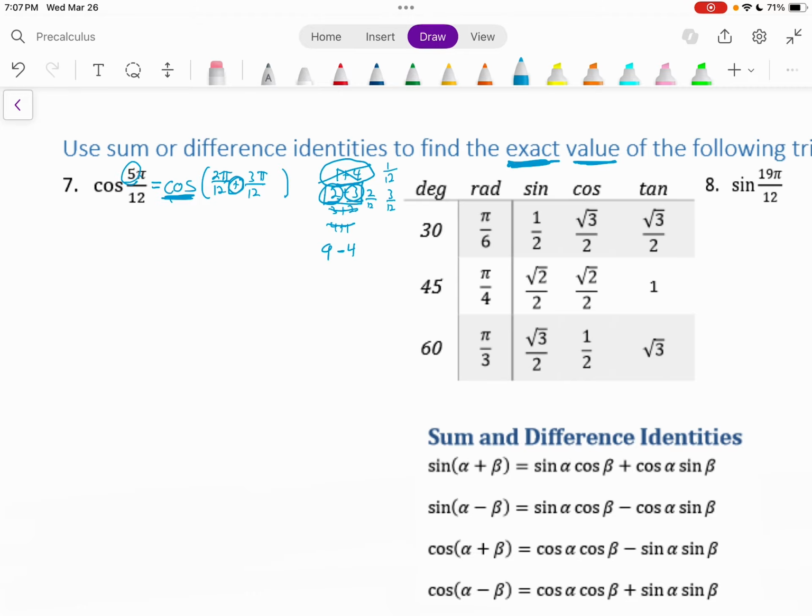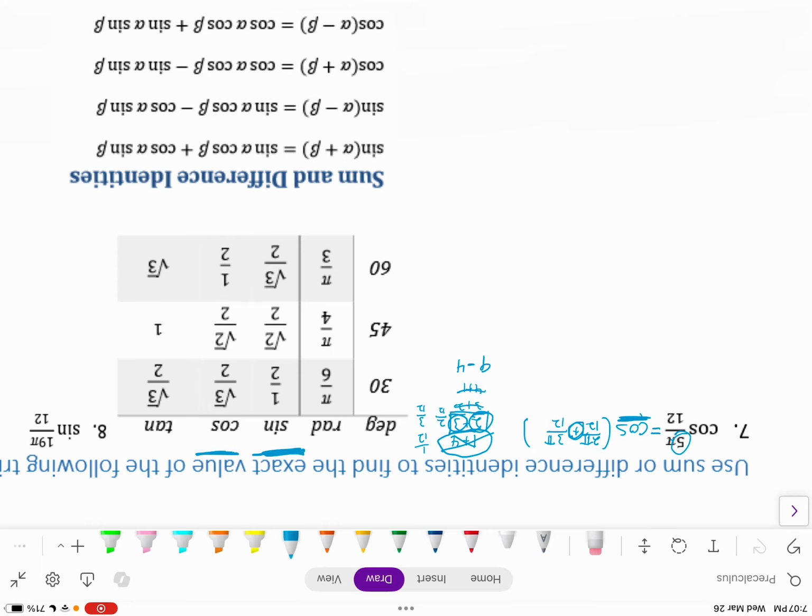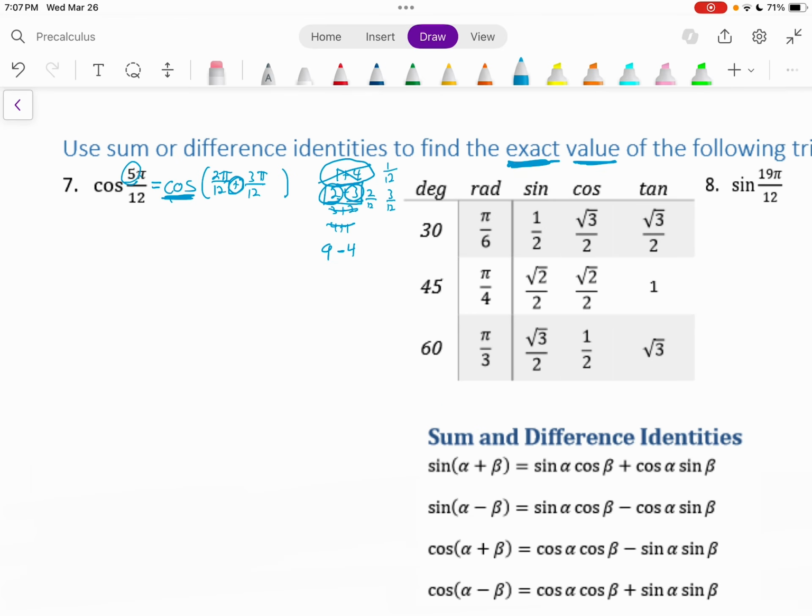So we're going to come down here for number 7. Sorry about that. For number 7, we're going to use this identity right here. And in our case, alpha is 2 pi over 12. But before we do that, let's go ahead and reduce these, because the reason we do this is because they reduce to our special angles that we are familiar with.